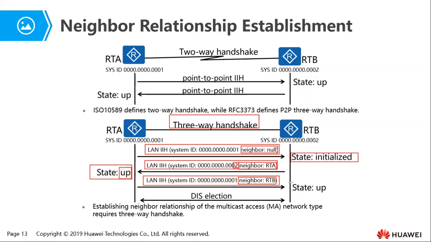And therefore, RTB's state will also transit from initialized to up. So remember this is a broadcast network, it's only after they are in the up state that they can start what we call the DIS election.